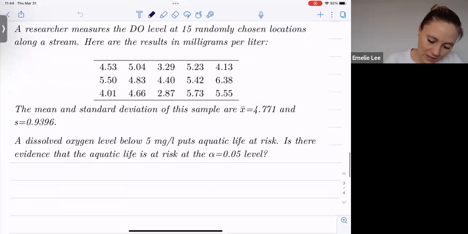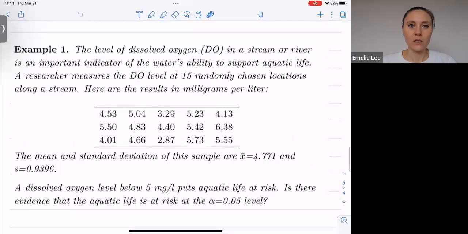The only thing I want to do for example 1 is identify what type of question it is. We know what type of question it is, right? But I want you to see a question, and then you'll feel more confident identifying one sample mean questions.